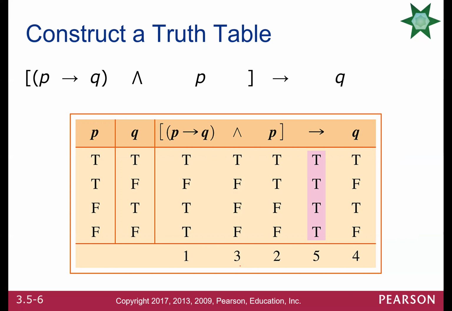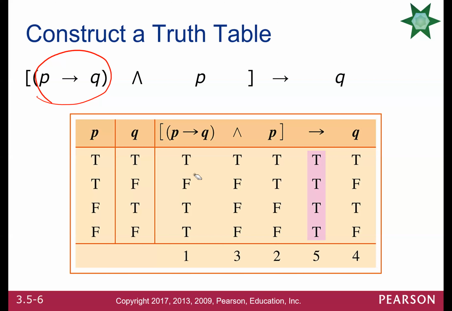The first thing we want to do is inside these brackets. We want to first do the conditional, if P then Q. The conditional if P then Q is only false if the antecedent P is true and the consequent Q is false. So it's only going to be false for case 2.